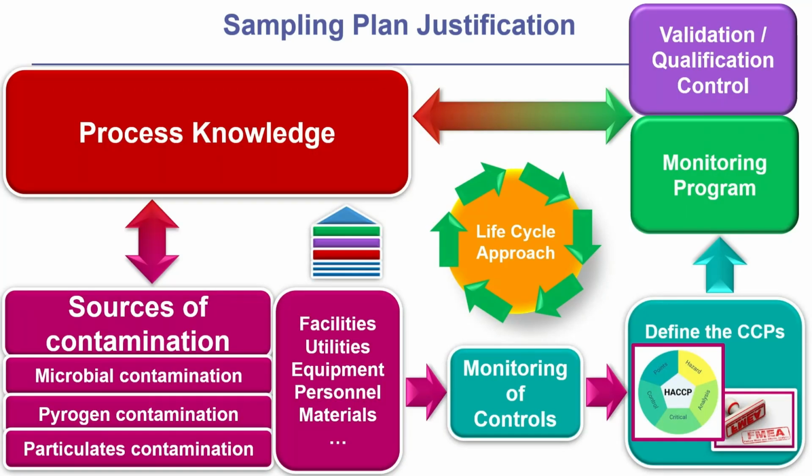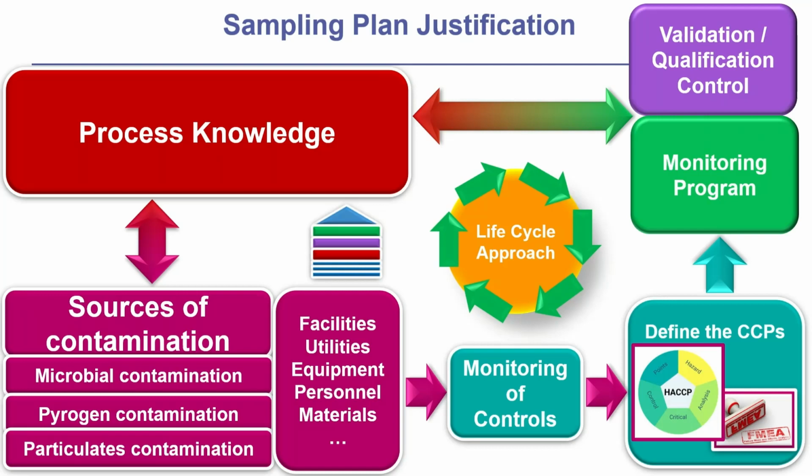This slide shows you the interconnection of the environmental monitoring program with the contamination control strategy, with first the contamination control with the process knowledge for the evaluation of the potential sources of contamination for microbial, pyrogen and particulate contamination for facilities, utilities, equipment, personnel and material, and I will focus after on isolator technology.